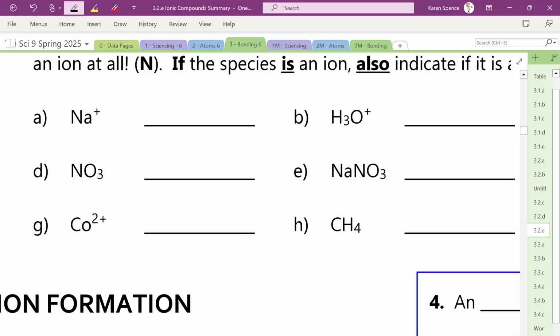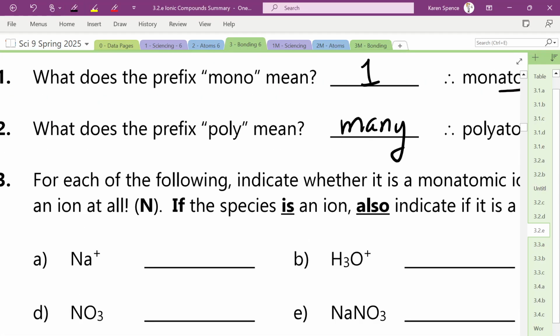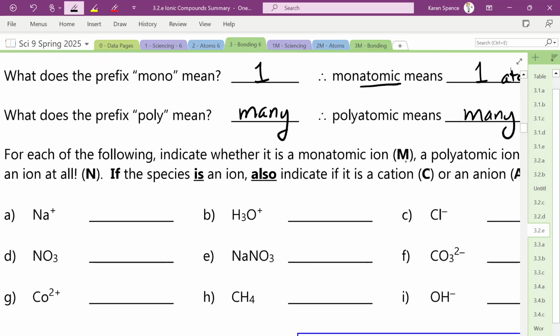You're going to say if this is a monatomic ion, if it is a polyatomic ion, so is it monatomic? Is it polyatomic? Or is it not an ion at all?